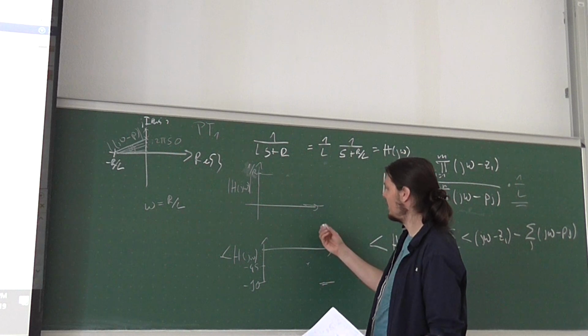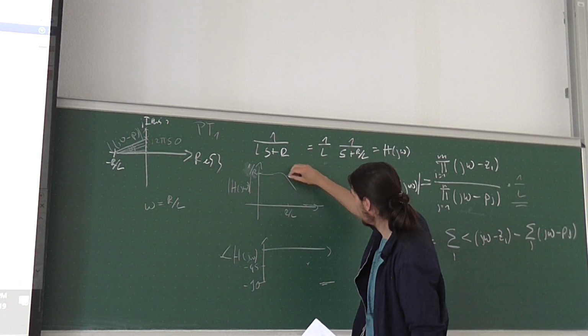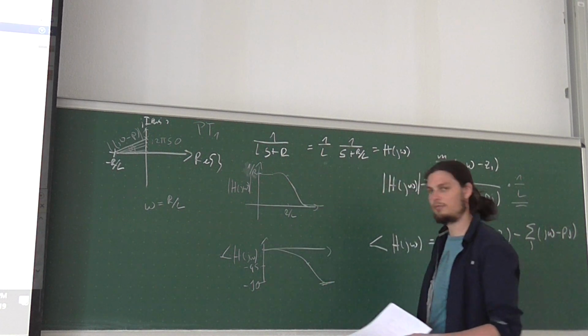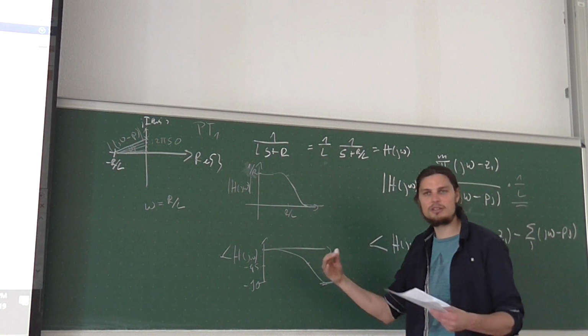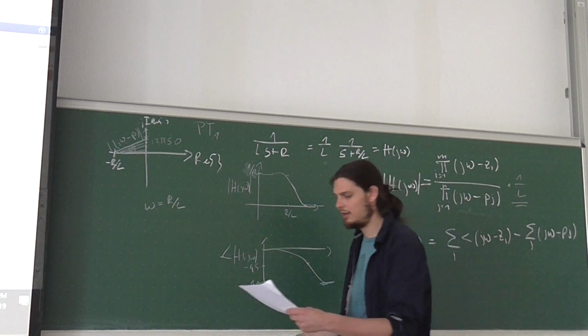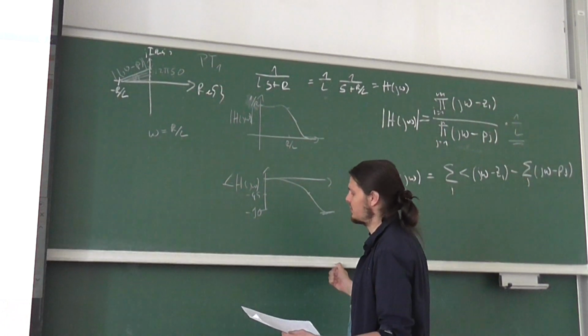So exactly at R over L we have our breaking point, and we have the minus 45. This is just a way to draw this, to help understand what a pole does.